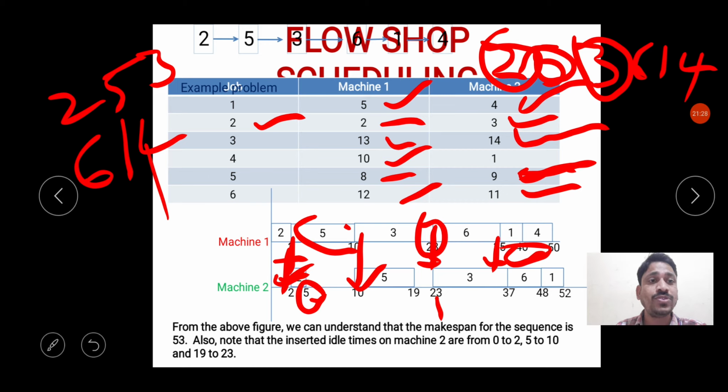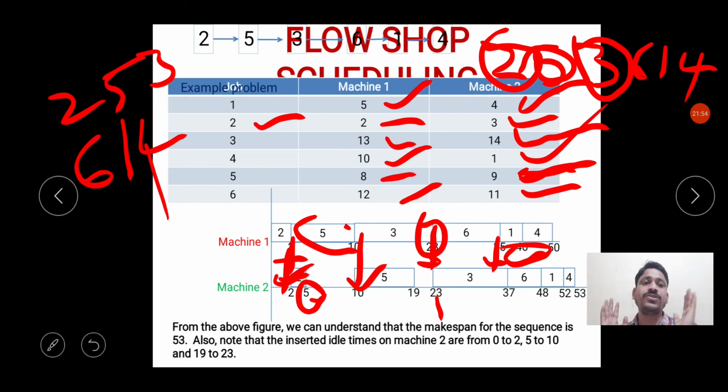So at 52 hours it is completed, and the only job pending is job 4 on machine 2. Immediately it can be started because job 4 completed on machine 1 at 50 hours. So from 52 hours we start processing job 4 on machine 2, and it is for 1 hour. So it will be finished at 53 hours.